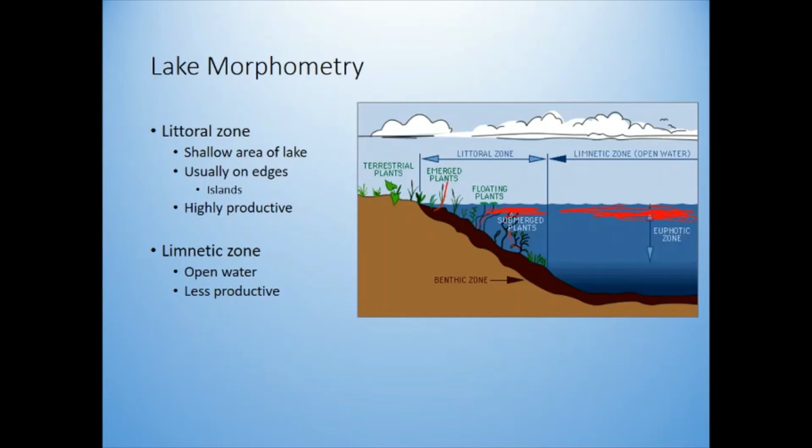So there's a variety of different niches that those plants can have and allow the productivity to be higher. Whereas out in the open water, there's no plant that's going to be able to grow up out from 30 feet of water. So this is just the algae alone. It's less productive, but there's still a lot of production going on there.